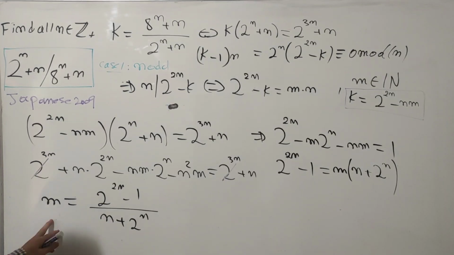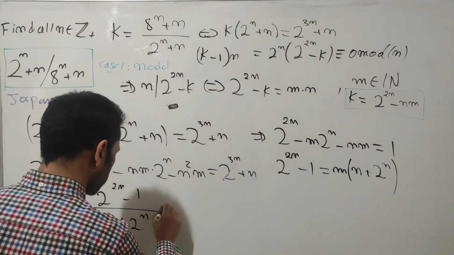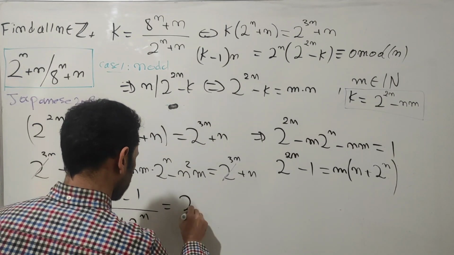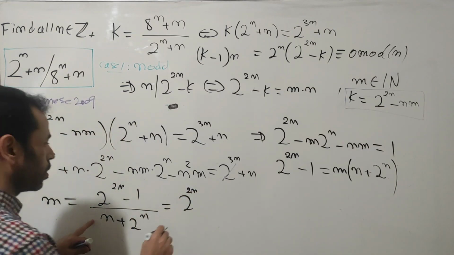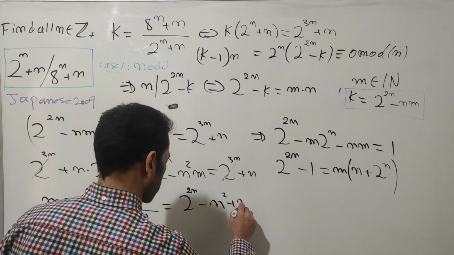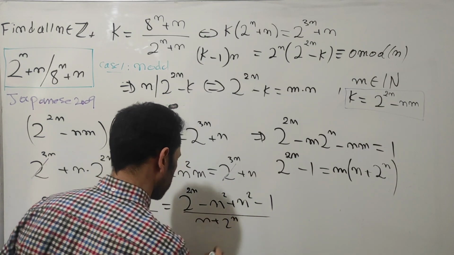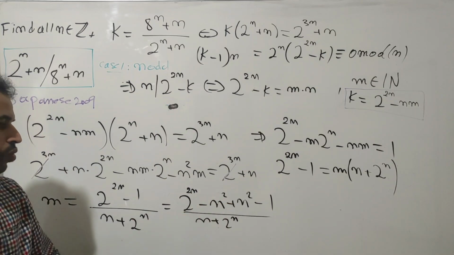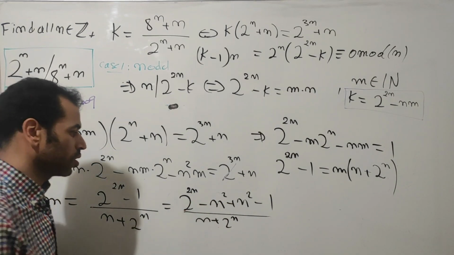So if you take a look up here, since m is an integer, this fraction is an integer as well. So I'm going to use a nice trick here. I get 2 to the 2n minus n square plus n square minus number 1 all over n plus 2 to the n. I'm adding n square and subtracting n square because I want to construct a difference of two squares here.